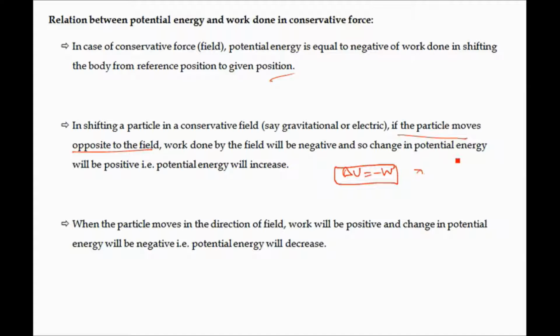So I note down that for a particle moving opposite to the field, W is less than 0 and delta U is greater than 0. Similarly, when W is greater than 0, that is, if the particle moves in the direction of the field, then the work done will be positive, and delta U will be less than 0, and the potential energy will decrease.